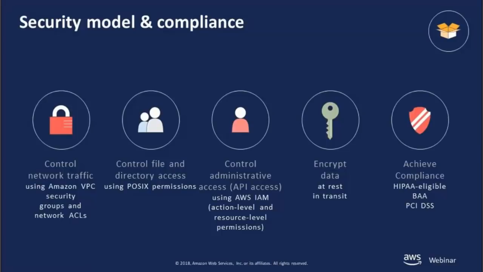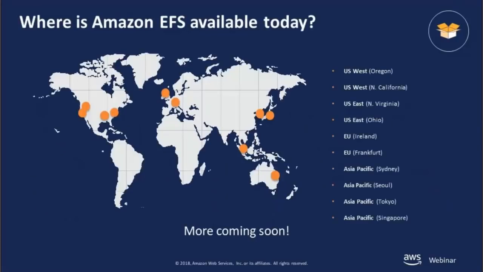And in terms of compliance, Amazon EFS is HIPAA eligible, and we offer BAA and PCI DSS compliance as well. So again, these are just some of the security models and compliance functionalities and features we have for EFS.